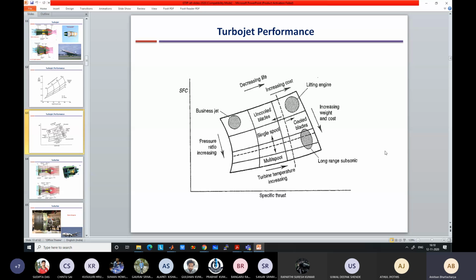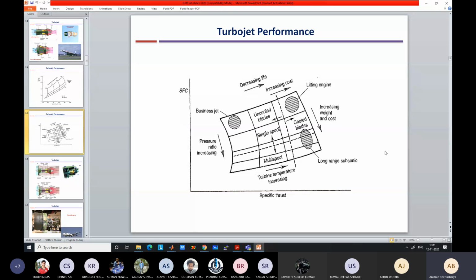So the first point is that minimum specific fuel consumption is required, so that you can fly your aircraft at low cost. And you want maximum specific thrust, so that the engine size is lower, which will reduce the weight and drag. Mainly it will reduce the weight, and weight is also a very important parameter.